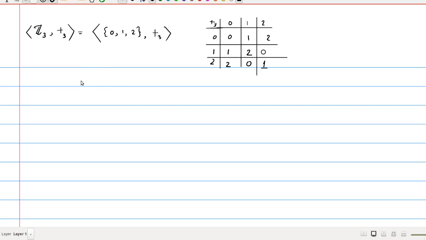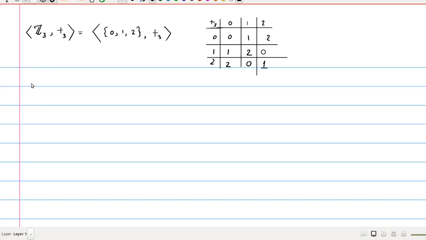Every group can be made isomorphic to a group of permutations. So how will you prove that theorem? I'll illustrate it using this typical group Z3. In order to find those permutations, we fix an element of this group.